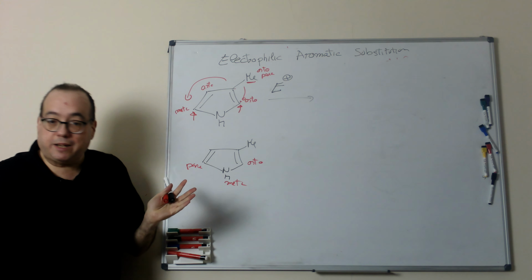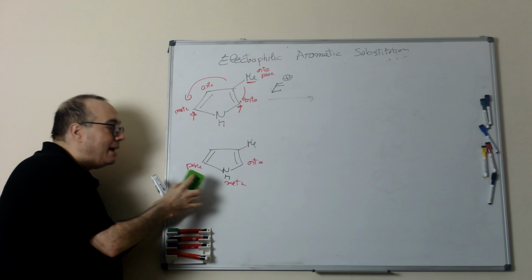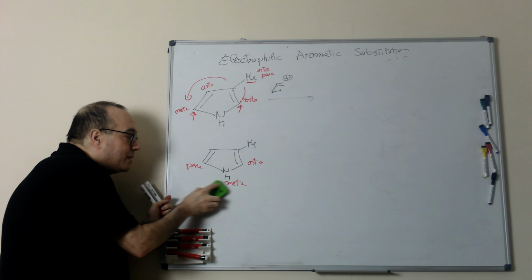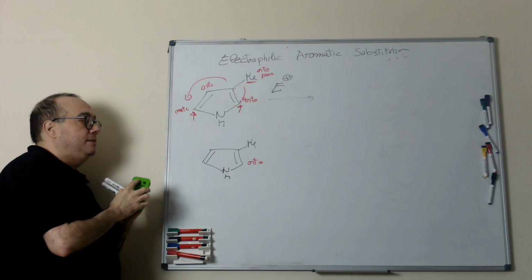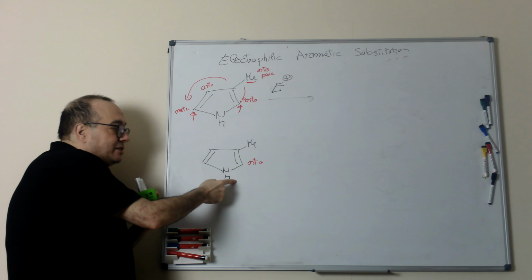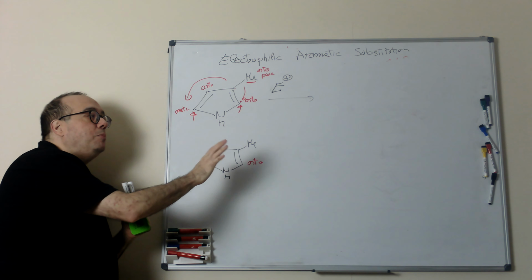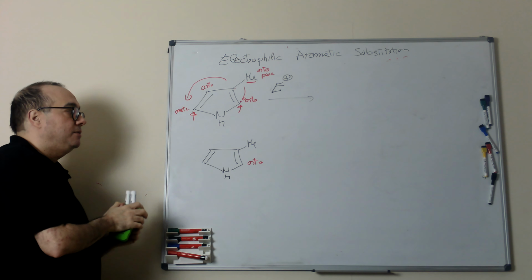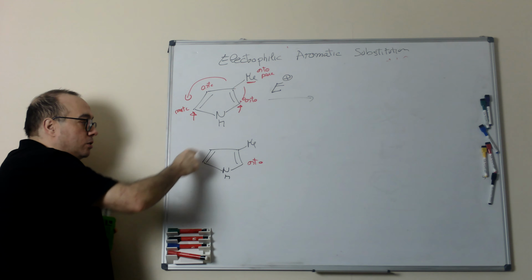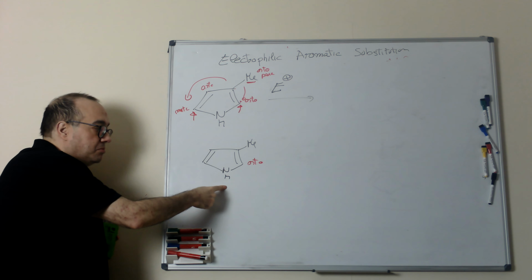This is not working. Never, never we have to count over the nitrogen. Never. Okay, it's ortho, stop. This is the nitrogen. No more. Okay, for the other side, ortho, meta. No more.